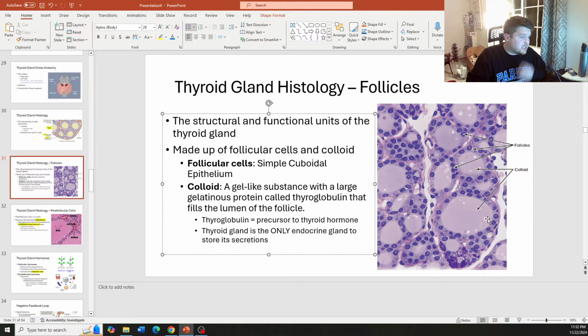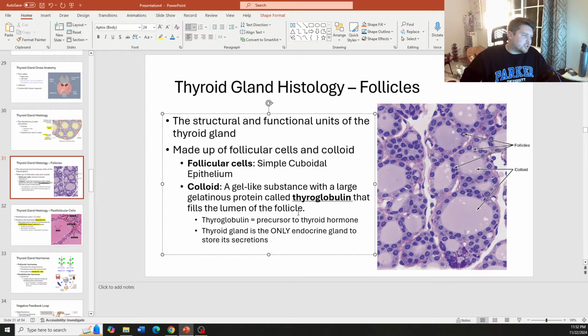And the follicular cells are these simple cuboid epithelium that surrounds each of these follicles. The inside jelly-looking stuff, that is colloid, which contains a gelatinous protein called thyroglobulin. The thyroglobulin is what is going to become the thyroid hormone.